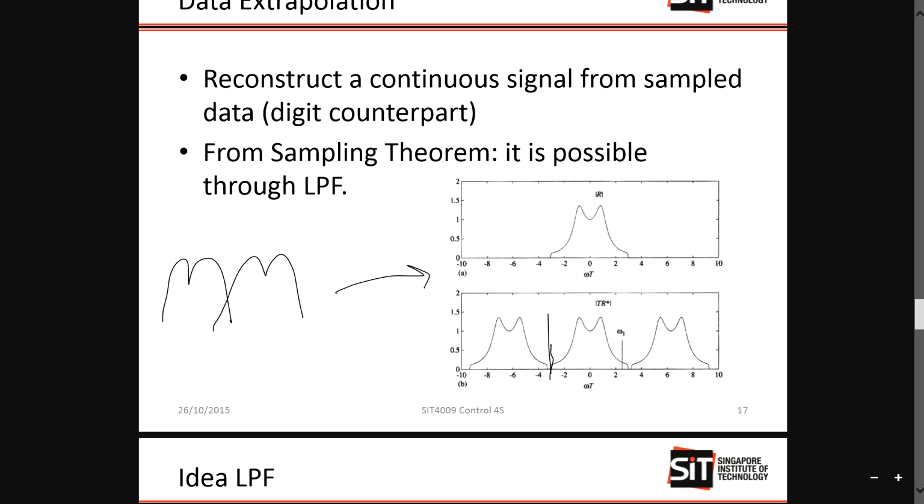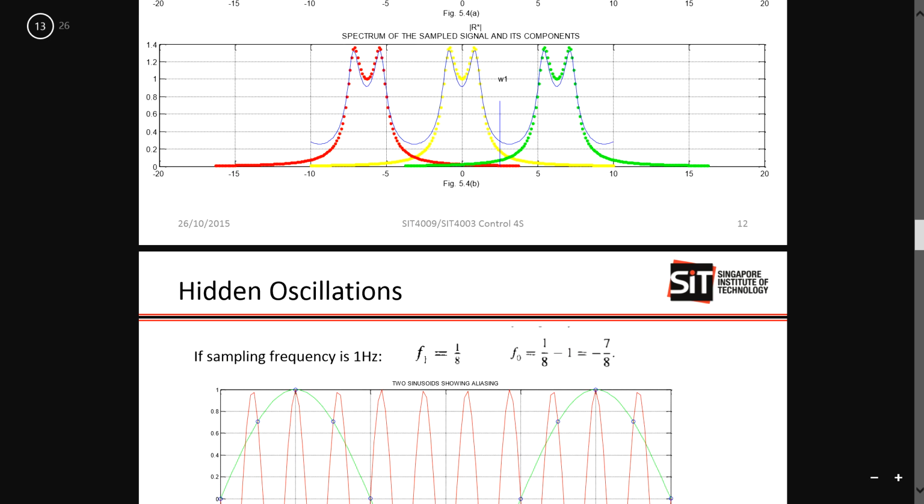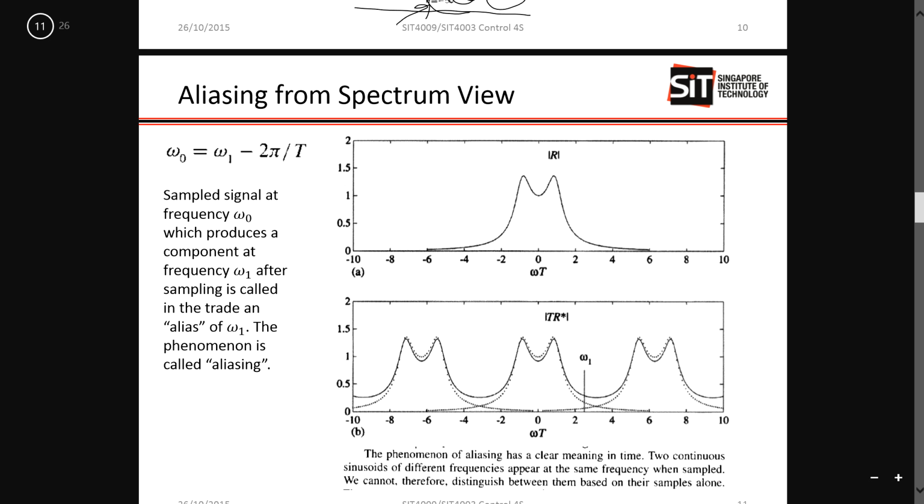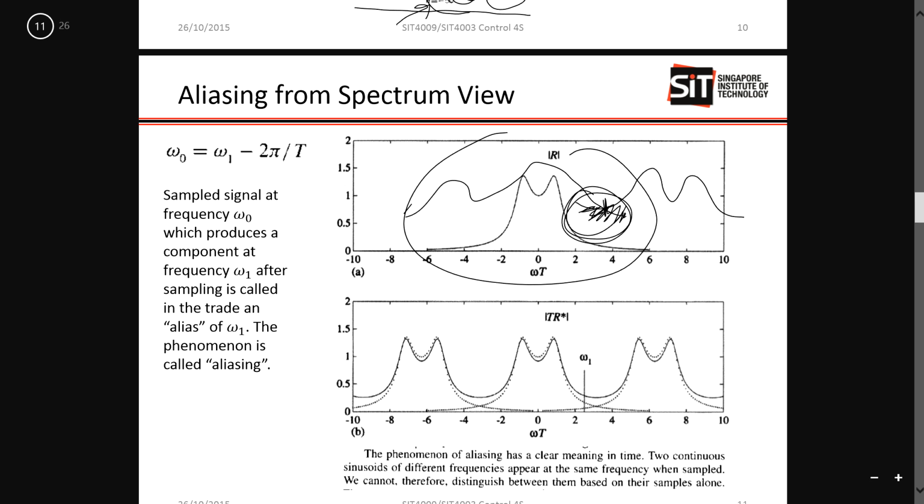Because of the overlapping over here, we don't want this part to interact with other parts, which is the point where they alias. So what we can do is use the low pass to bring this down slightly like this. This is another explanation for the low pass filter.